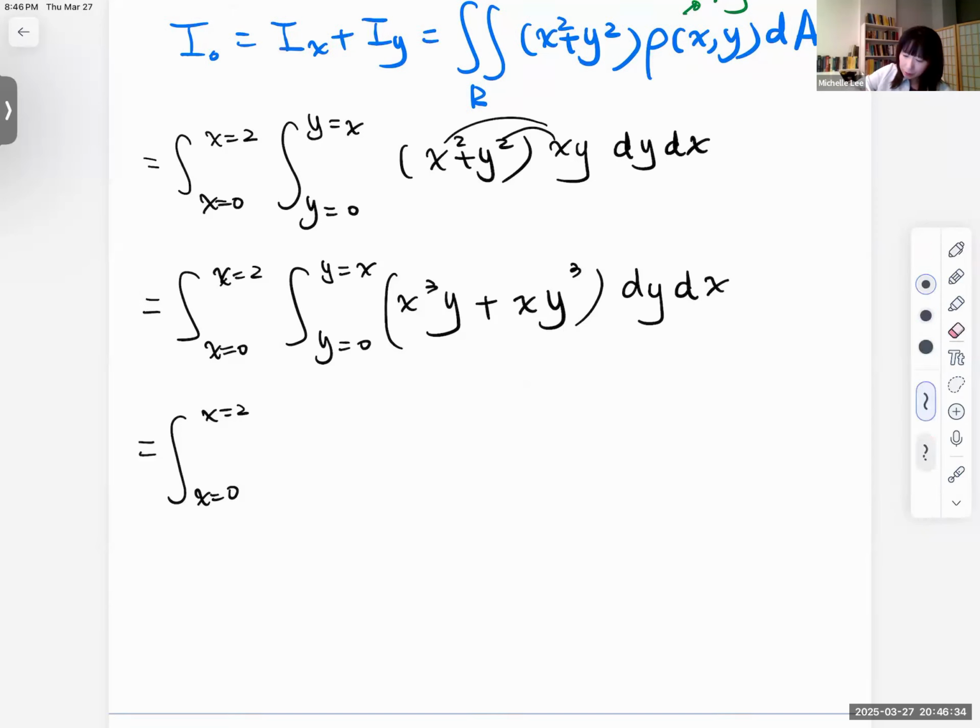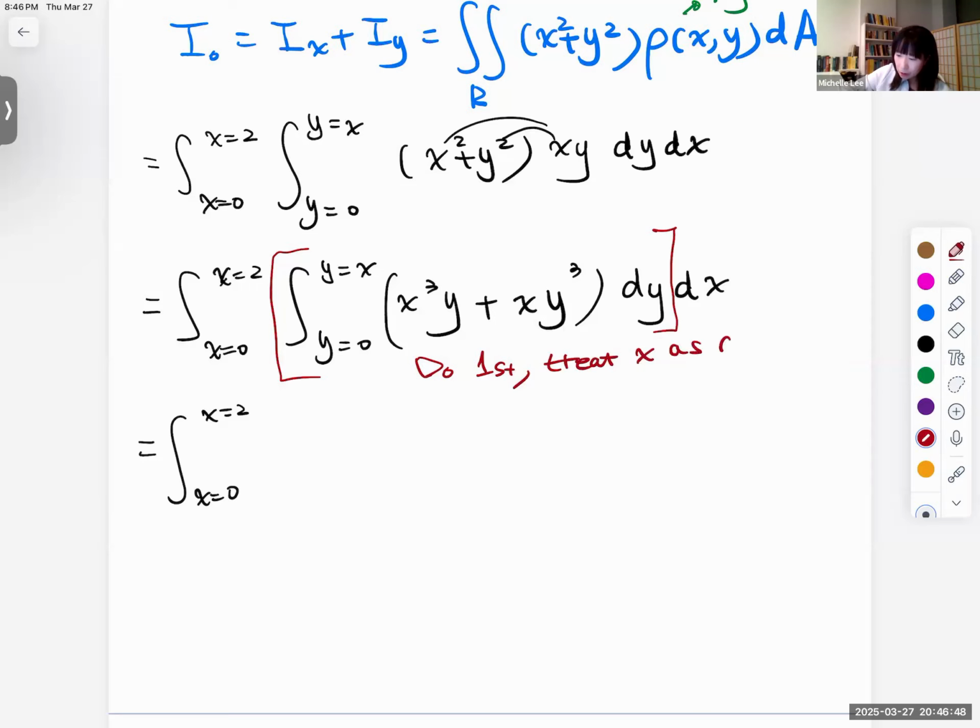Okay, now let's integrate term by term, right? Let me write down first, and treat x as constant. So x is constant, so we keep that.